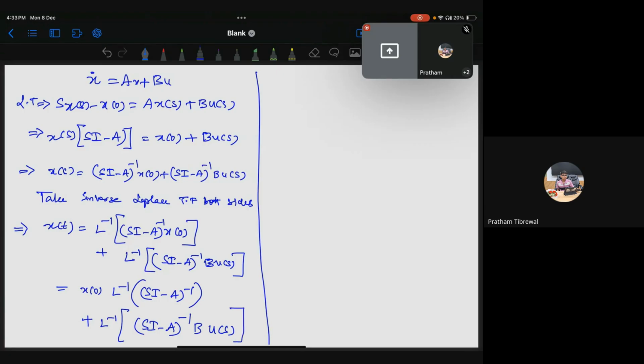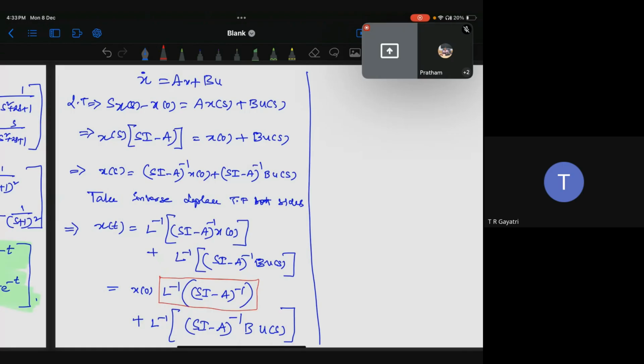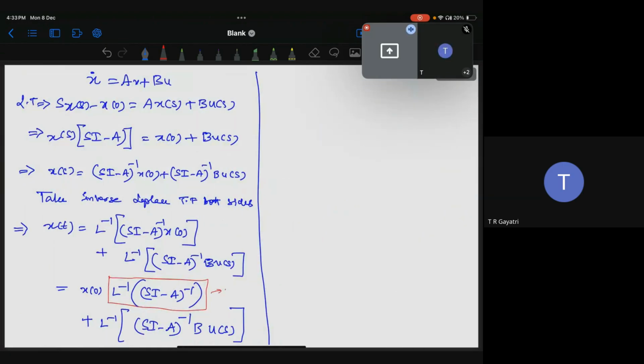Okay, so now can you see here, what is this term? E power At, yes, exactly. So this is e power At, and here B is a constant matrix.